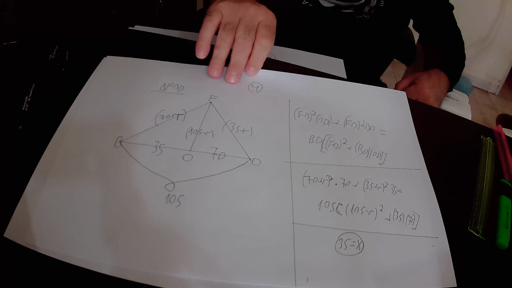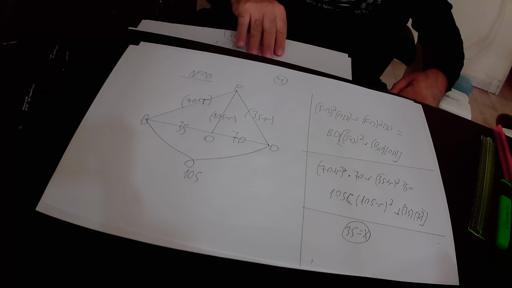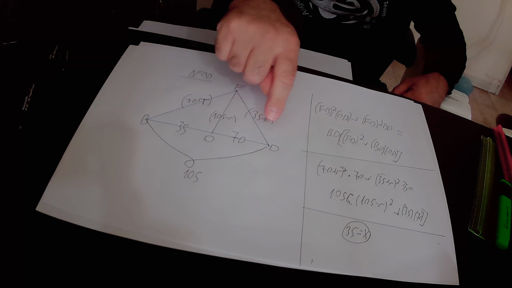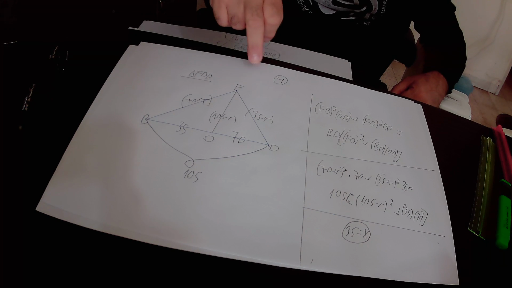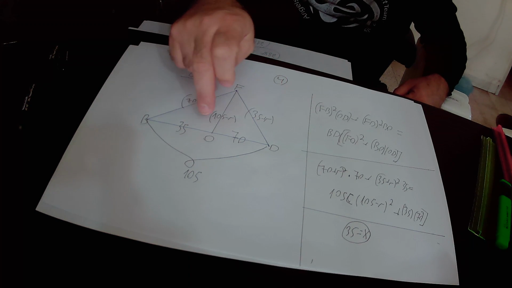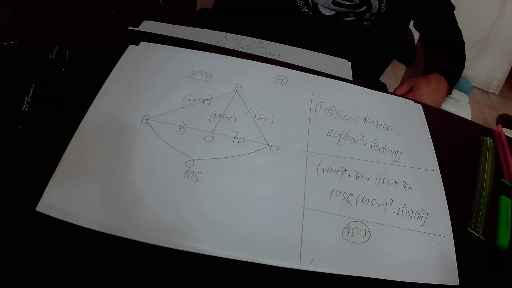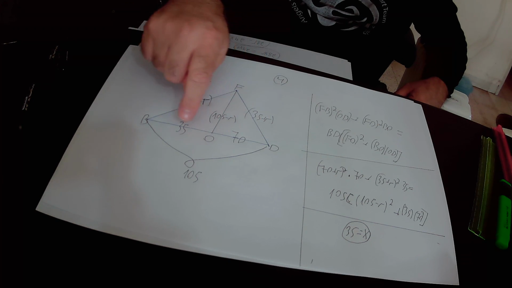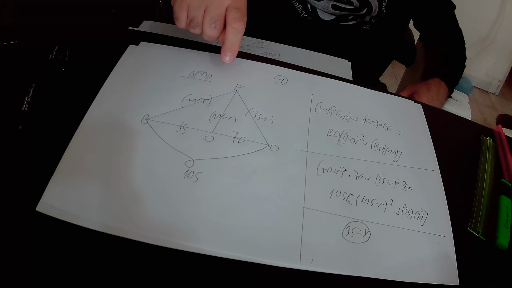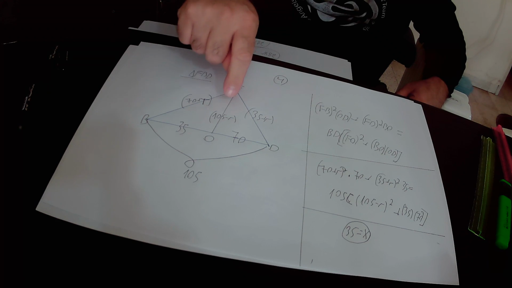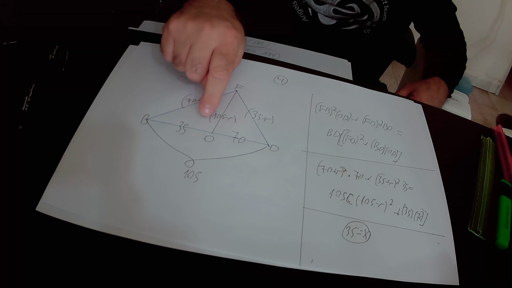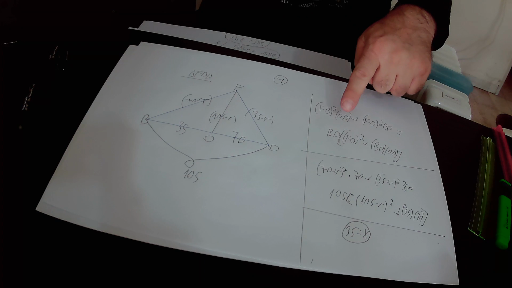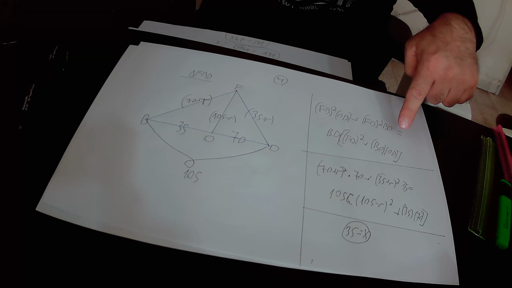So we implemented here Stewart's theorem. According to Stewart's theorem, FB squared times OD plus FD squared times BO equals BD times, inside the brackets, FO squared plus BO times OD. I repeat again: FB squared times OD plus FD squared times BO equals BD, and inside the brackets we have FO squared plus BO times OD.